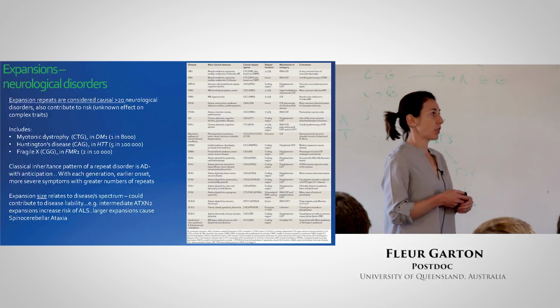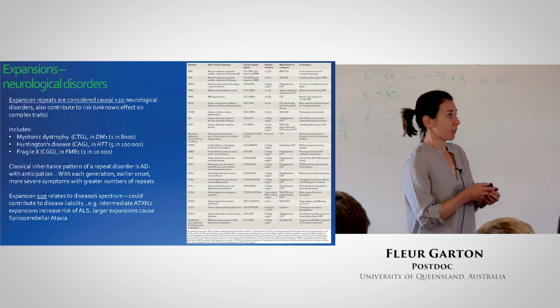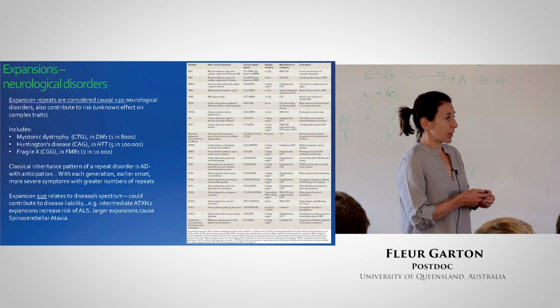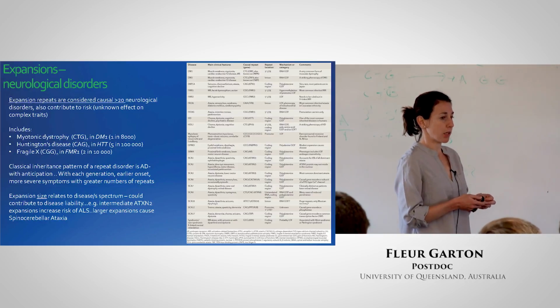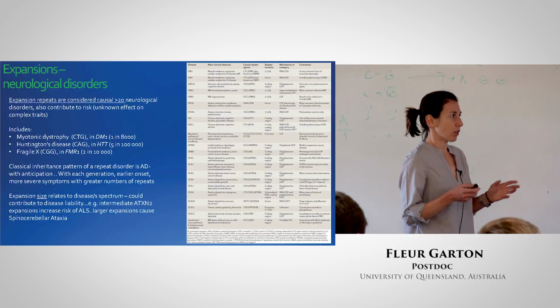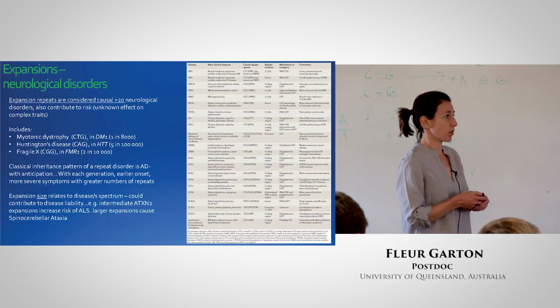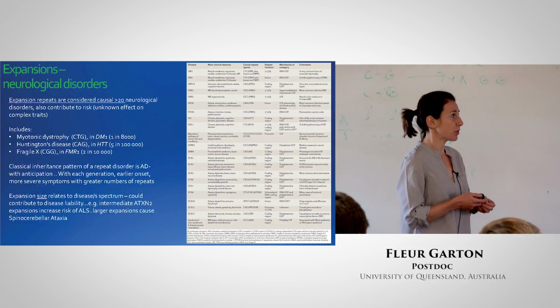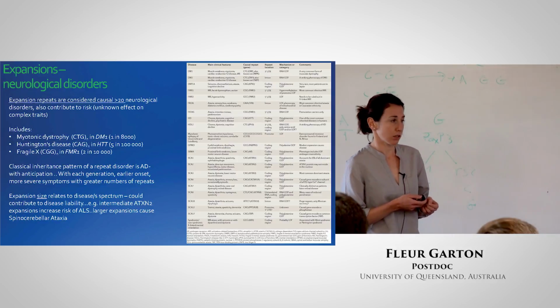So these include things like myotonic dystrophy, Huntington's disease, and Fragile X. And so the way this is described is you've got a CTG and then you've got it a certain number of times repeated in a particular gene, and this could be in the intronic region. So the frequency that this occurs is 1 in 8,000 individuals. For Huntington's, it's 5 in 100,000, and for Fragile X, it's 2 in 10,000.